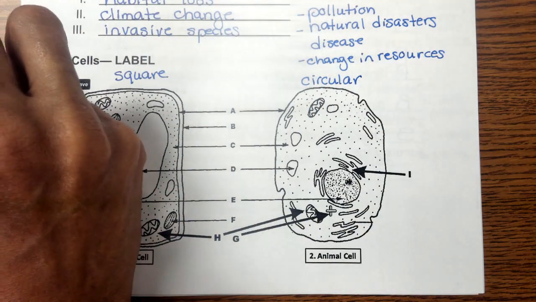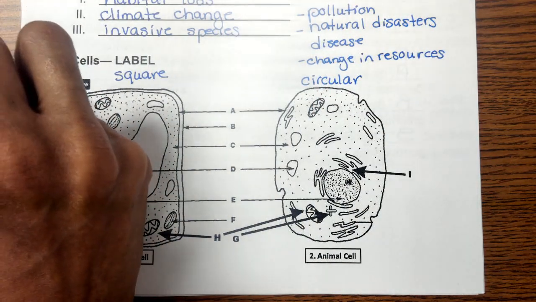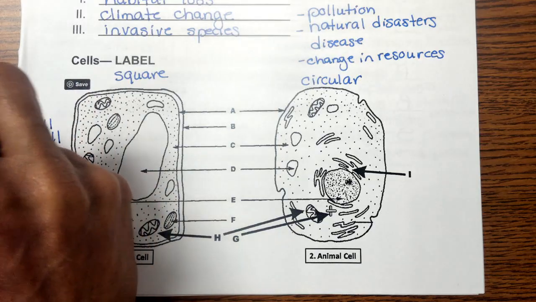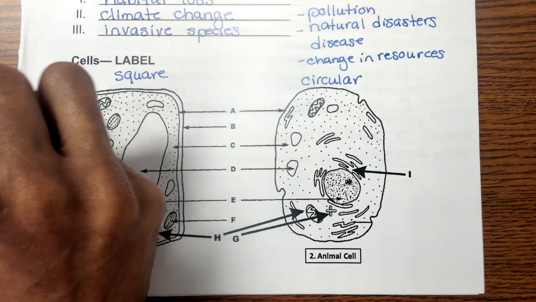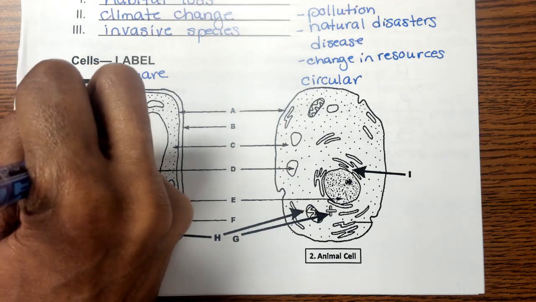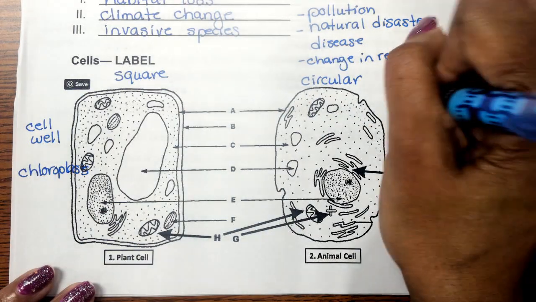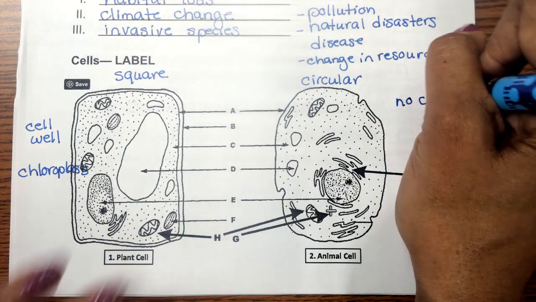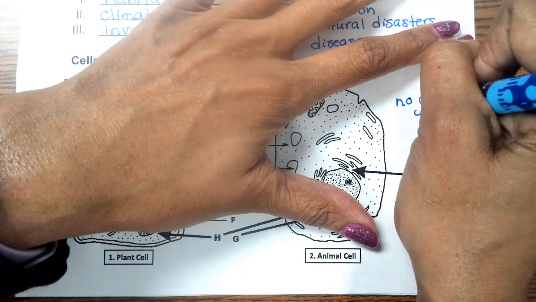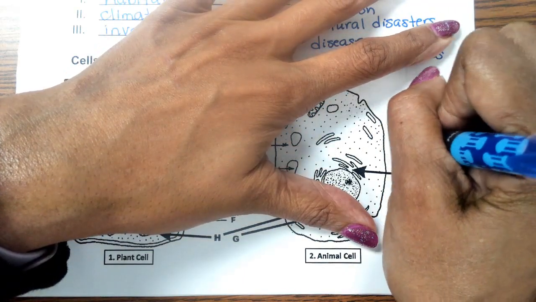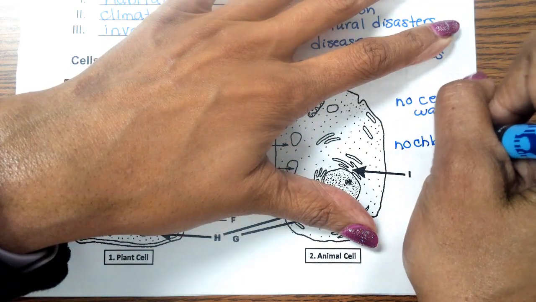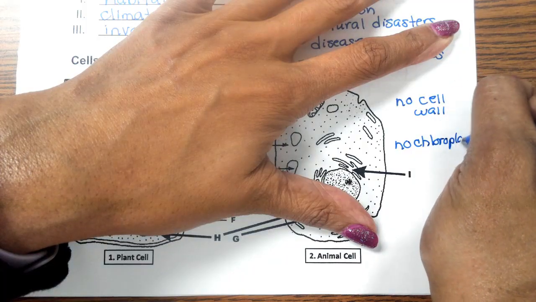Plant cells have a cell wall for protection, and they have chloroplasts, which help it make food. Animal cells have no cell wall, and they have no chloroplasts. We do not have chloroplasts. We cannot make our own food.